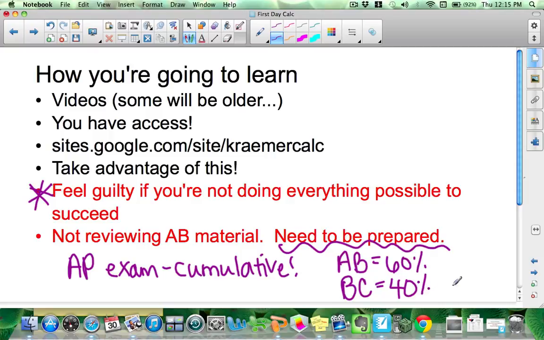Only 40% of the exam consists of the BC topics that you're going to learn this year, okay? So the AB stuff is really, really important. We're still not going to spend the first part of the year reviewing it. We'll review it more at the end of the year as we're gearing up for the AP exam, because then it'll stick in your mind a little bit better. But like I said, I am assuming that you have a pretty thorough knowledge of calculus coming into this class.